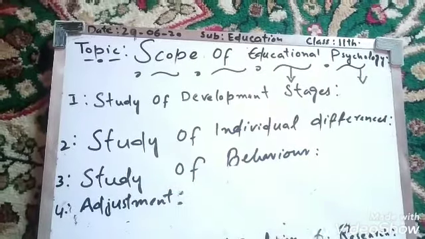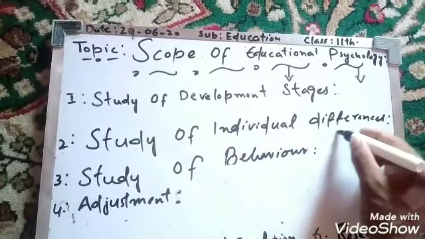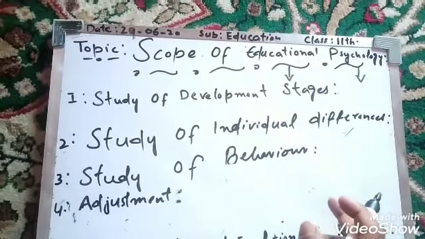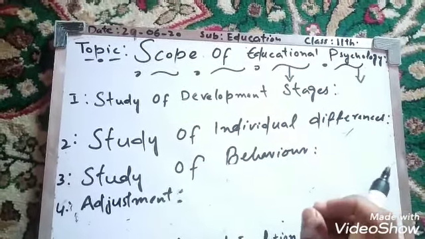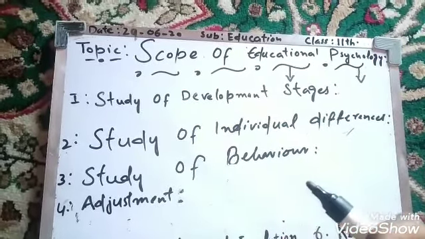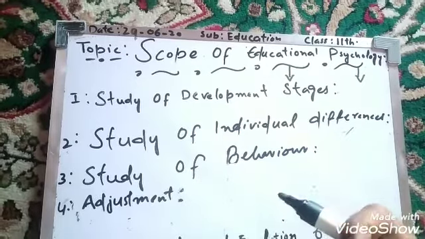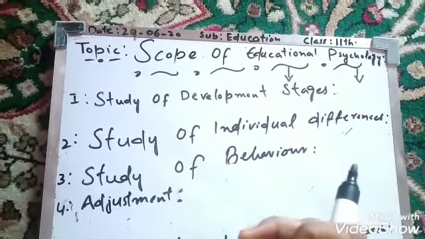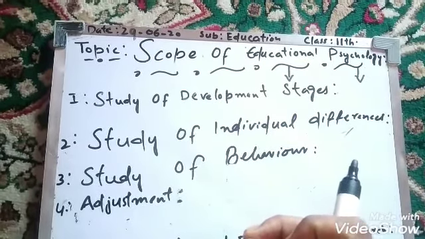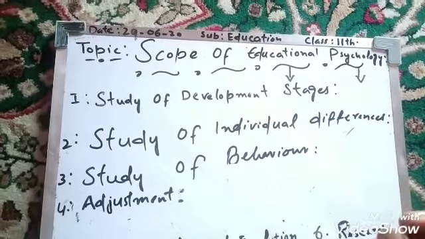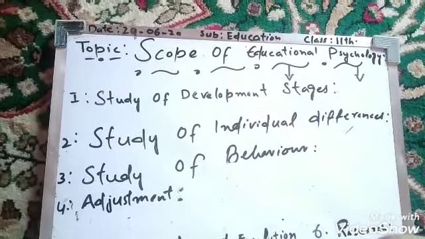Next one is the study of individual differences. It is a known fact that no two individuals are the same. Even twins are not the same. There are individual differences. The children differ from one another. They differ in their IQ, aptitudes, achievements, interests.